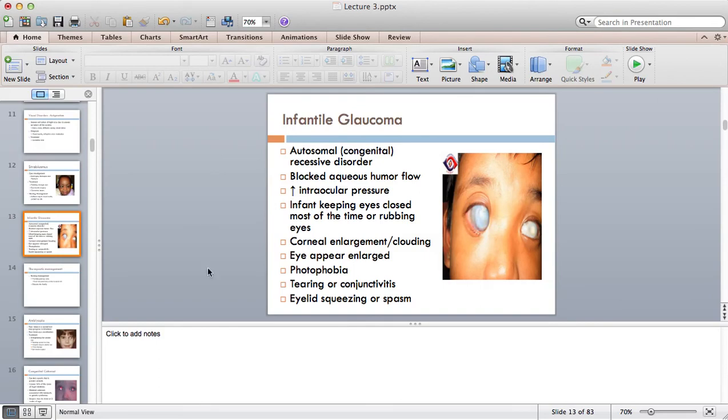But if the disorder is dominant, all you need is one defective gene from the parent, and that problem can be expressed in the child. So what will result here is a blockage in the aqueous humor flow, which is the liquid that moistens the eye, for the eyeball to get moistened and nice.